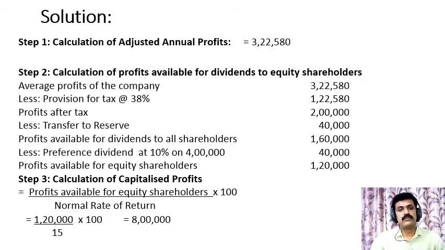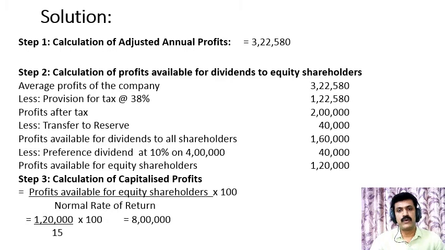Here also the adjusted annual profits are directly given in the problem. There is no need to calculate it. It is 3,22,580. In the next step, we have to calculate the profits available for dividends to equity shareholders. It starts from the average profits of the company, that is 3,22,580. From that, we have to deduct provision for tax at the rate of 38% on 3,22,580.